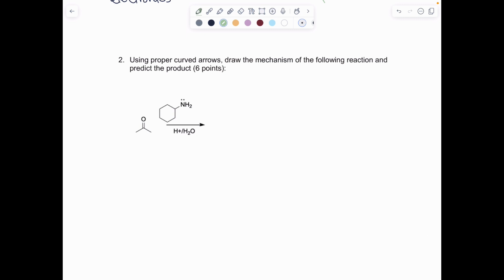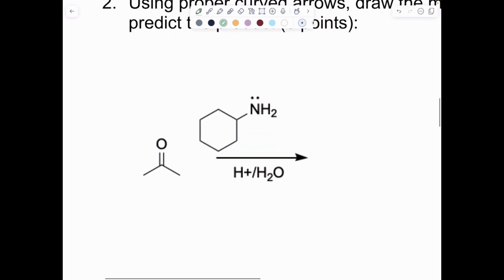Question 2: using proper curved arrows, draw the mechanism for the following reaction and predict the product. So it looks like we're starting with a primary amine and a ketone, which is going to lead to an imine product. So let's draw that mechanism. Because we have H plus and H2O, we know this is going to be acid catalyzed. So the first step is that this ketone is going to be protonated.